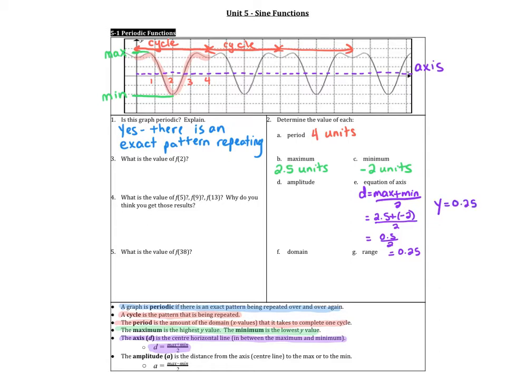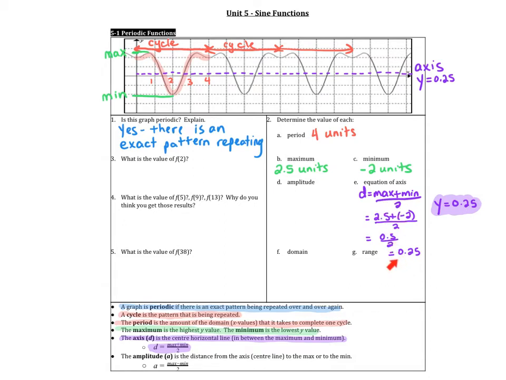It's really important when you give what the value of the axis is, that you give it as an equation, y equals 0.25. So the equation does not actually have the d. The d just tells you what the halfway point is between the maximum and the minimum.